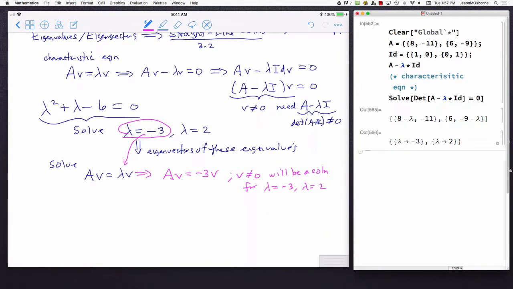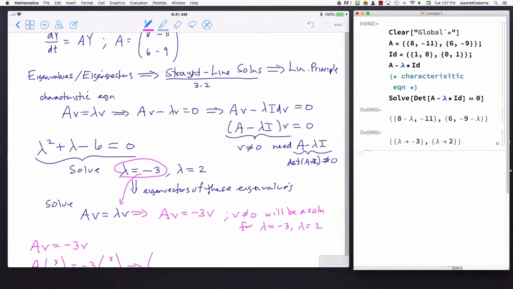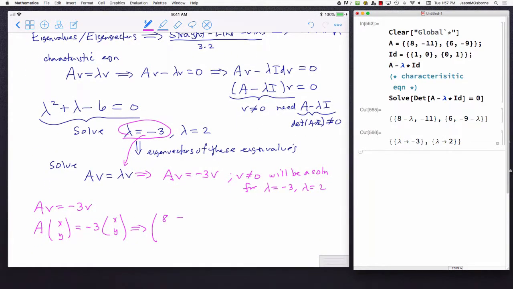So if you continue on and solve the system of equations AV equals negative 3V, where V is some vector (x, y), set up a system of equations for that. A is 8, negative 11, 6, negative 9 times the vector (x, y), set equal to negative 3x, negative 3y.